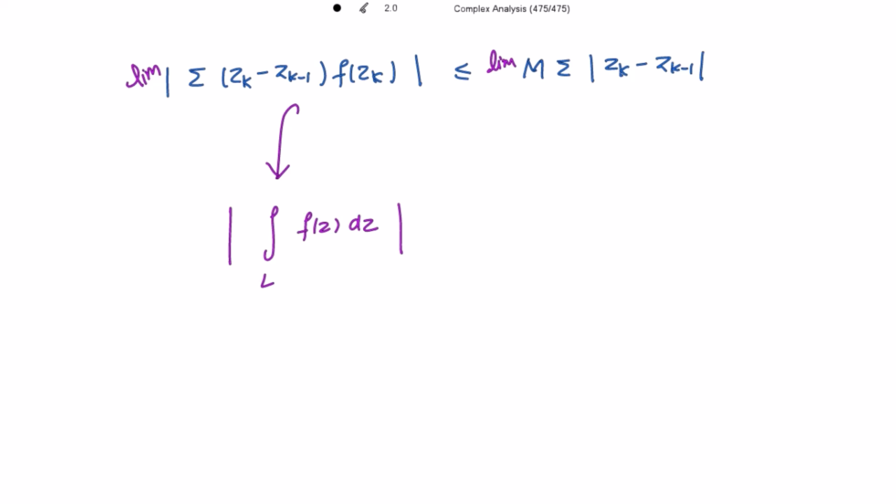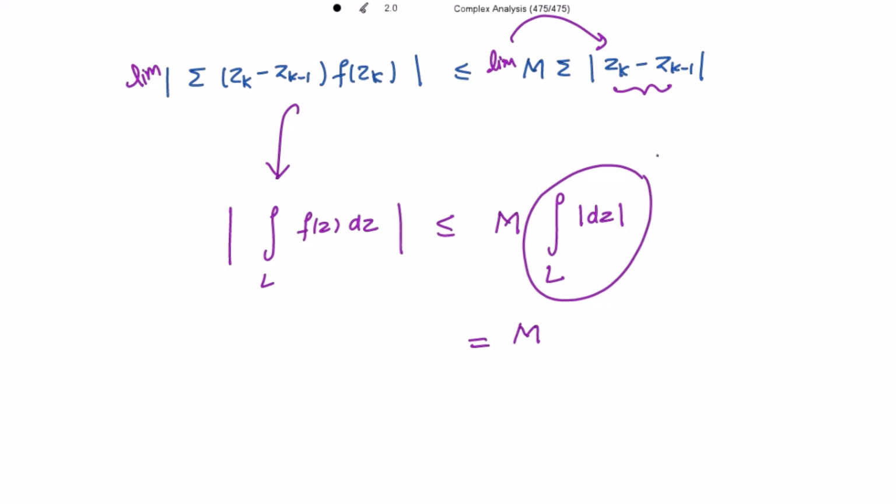And this is less than or equal to capital M times the limit of this summation, which is the integral of mod dz over L, where delta zk is written as dz. And the integral of mod dz over L is the length of the contour L, very important.